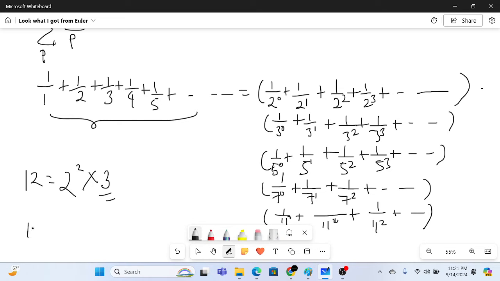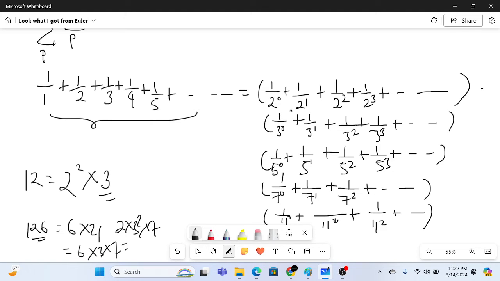Let's say if we want to get 126, this is 6 times 21, that is 6 times 3 times 7, right? And so this is again 2 times 3 squared times 7. So what I can do is take 1 by 2 to the power 1 from here, 1 by 3 squared, and 1 by 7. So that will give you this number.